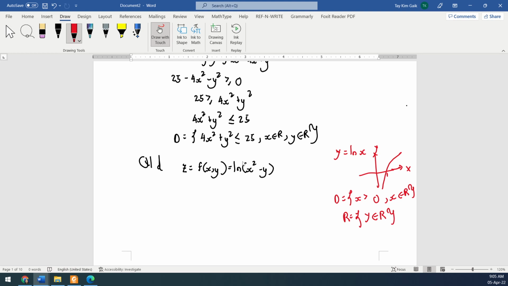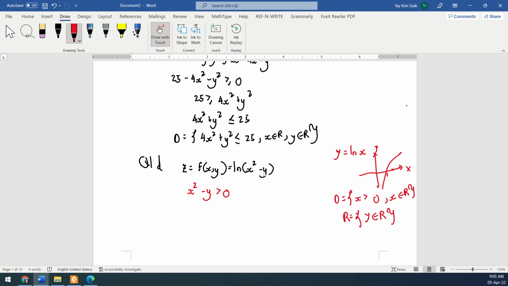So with the same reason for an ln function, if ln x, you have to set x greater than 0. Then for ln(x squared minus y), you have to set x squared minus y positive. If x squared minus y is 0 or a negative number, it is undefined.